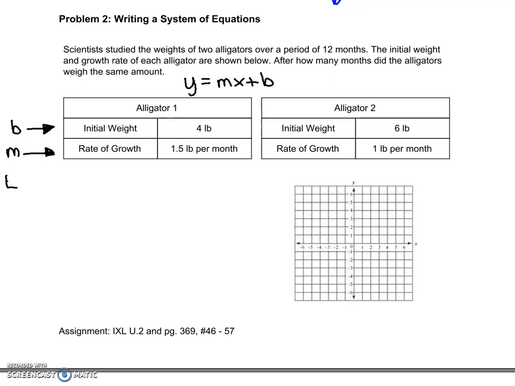So equation 1 is going to be y is equal to, so my m is 1.5x, and then I need plus my y-intercept, plus my b, so plus 4.